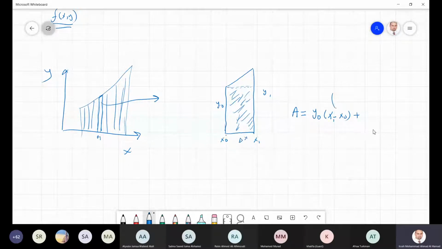So this can be written as delta x. Plus the area of this small triangle. So this is y1 minus y naught, and this is still delta x. So it is half delta x multiplied by y1 minus y naught.